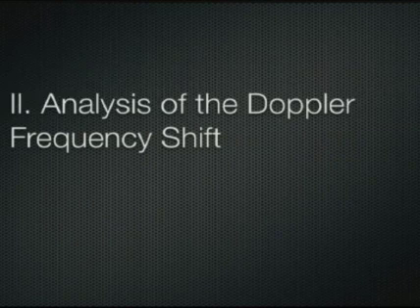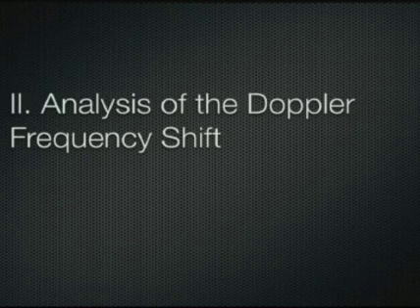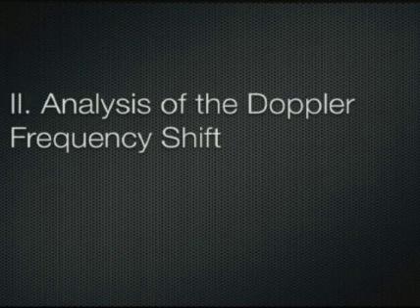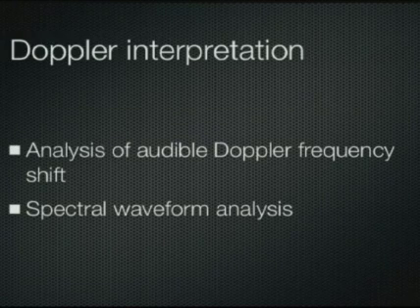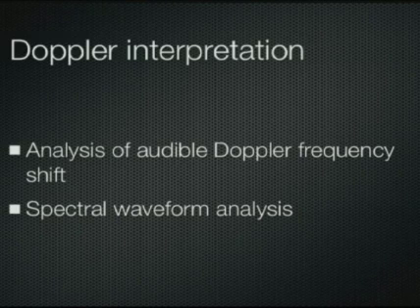Having reviewed the basic concept of the Doppler effect, we'll now turn to the method by which we can analyze the Doppler frequency shift, which arises when we insonate moving targets with ultrasound. The Doppler frequency shift that is detected when a target is moving can be analyzed in several ways.